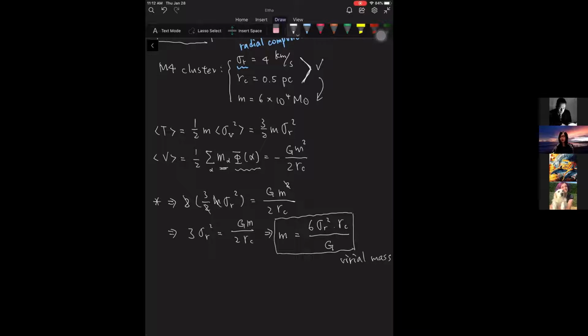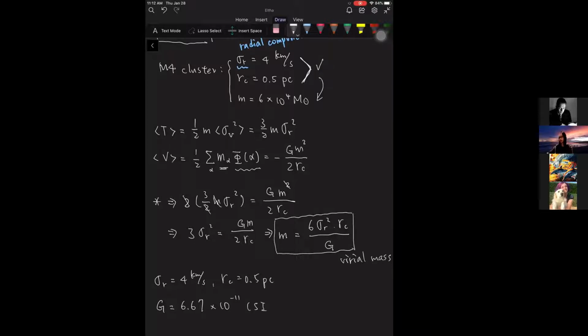Okay, so based on the data in the textbook, we have sigma r is 4 km/s, and the core radius is 0.5 parsec. And what else? We also need the gravitational constant, right? So G, based on the SI unit, is 6.67 times 10 to the minus 11.